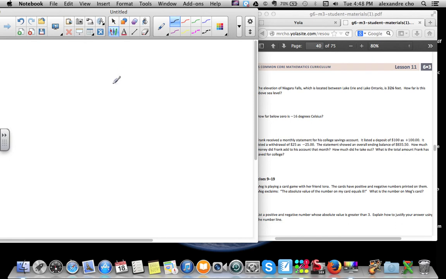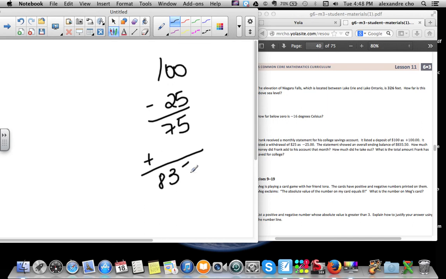So how much more did he deposit? Well, it's the difference between them. So he put 100 in, then he took 25 out, which means he has 75. And then somehow he ended up with $835.50.